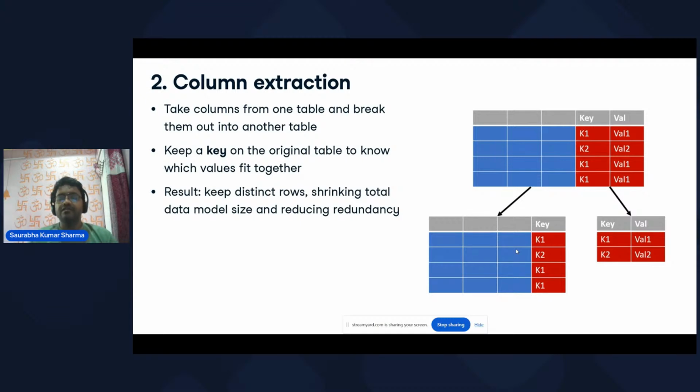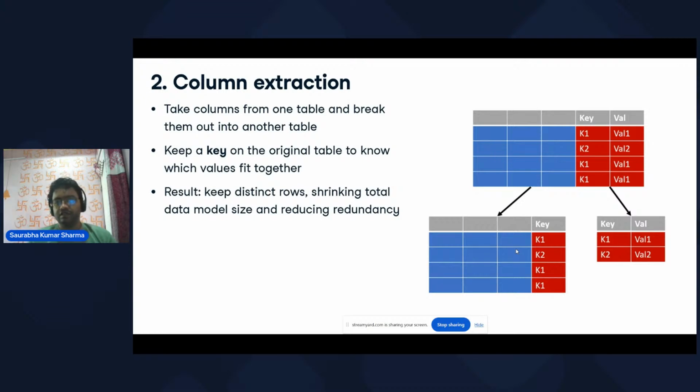Suppose in the first table we have keys K1, K2, K1, K1, and values value 1, value 2, value 1, value 1. If you think about extracting these and making a separate table, that will make sense. So we can have key and value: K1 is value 1, K2 is value 2, right? And the old table would be exactly the same.